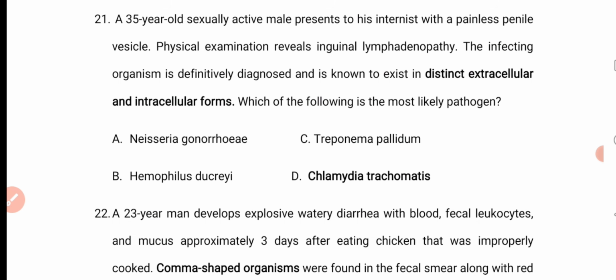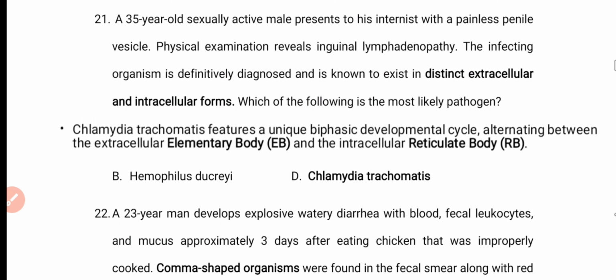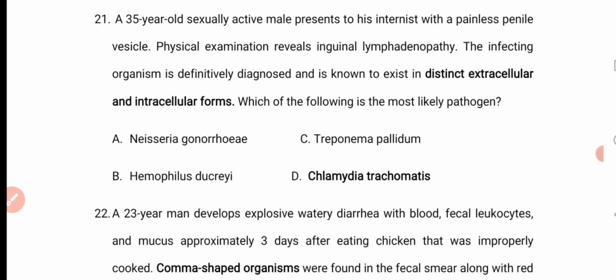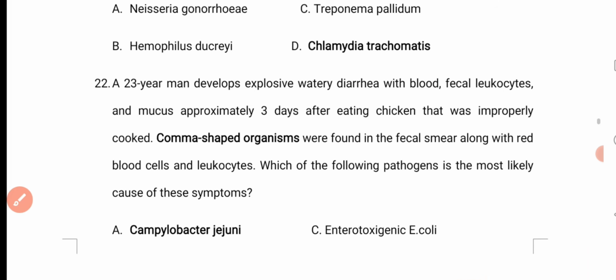As you know, the only bacteria that have a special biphasic nature is Chlamydia trachomatis, because it has the extracellular elementary body and the intracellular reticulate body. So the most common bacteria that has a biphasic characteristic or distinct extracellular and intracellular form is Chlamydia trachomatis. The correct answer is D.